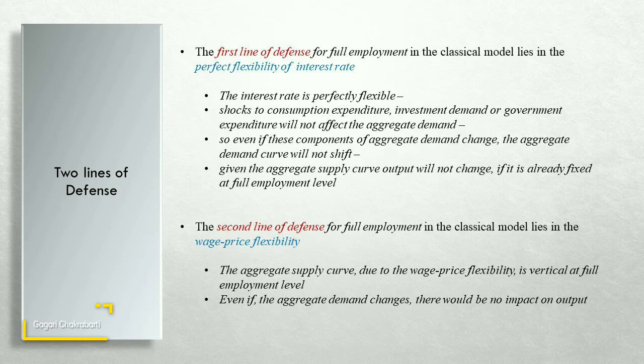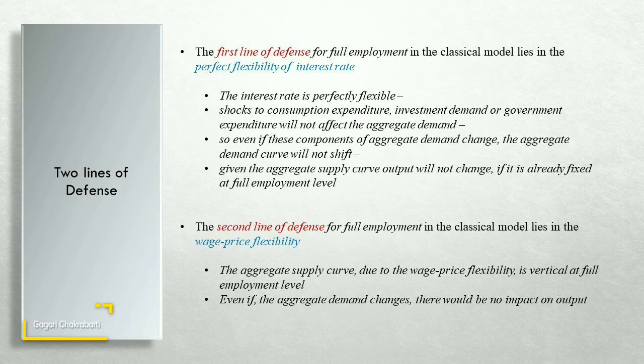So, even if these components of aggregate demand change, the aggregate demand curve will not shift either towards left or towards right. So, given the aggregate supply curve, output will not change. If it is already fixed at the full employment level, then the full employment level of output will always be produced. Now, what happens if this first line of defense fails?